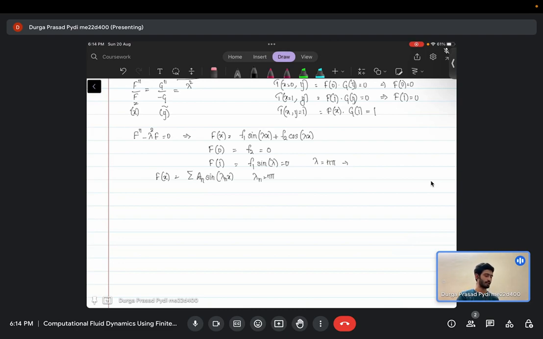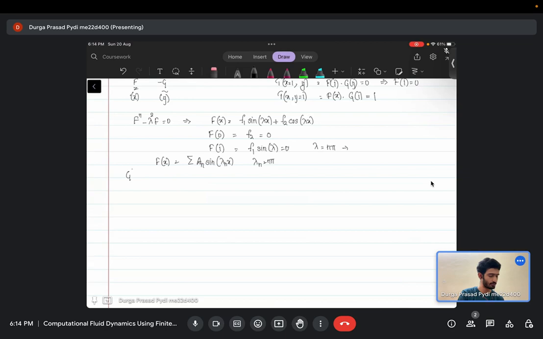Now let's come to the other equation. The other equation is g double prime plus lambda square g equals 0. This is where you have g of y given by some g1 times the hyperbolic function sinh of lambda y plus g2 cosh of lambda y. Or maybe you can just take the exponential constants if you are familiar with that. The solution will be something like g1 e power lambda y plus g2 e power minus lambda y, where g1 and g2 are some constants.